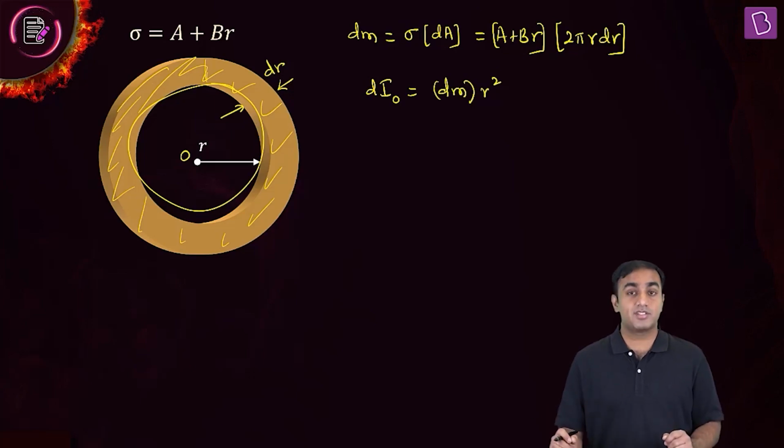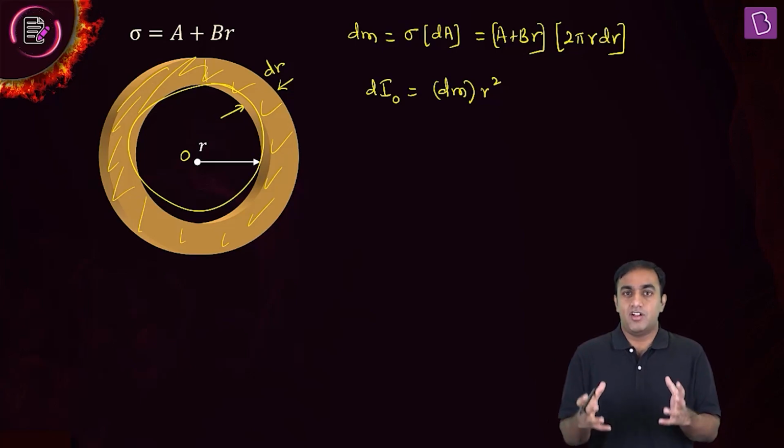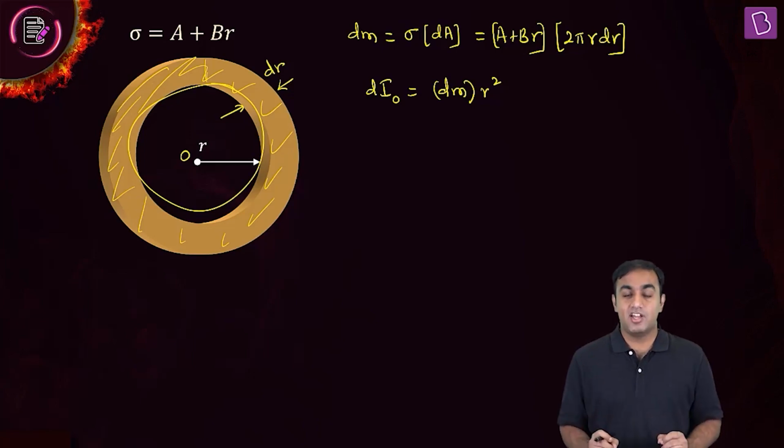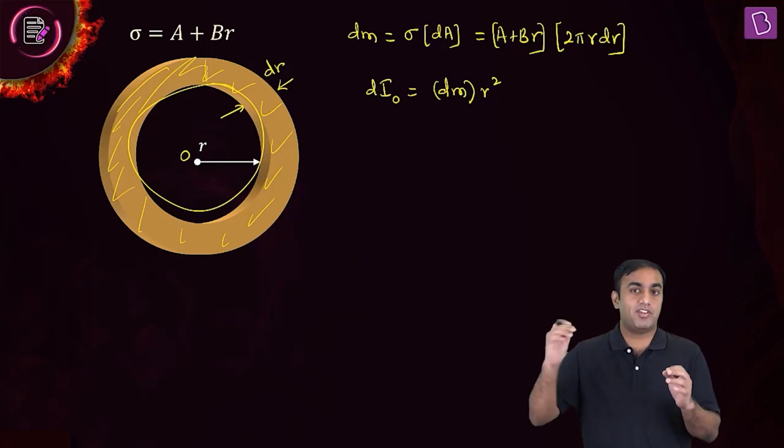What do we need to do next? We have got an expression for moment of inertia of the ring, which is the differential element. To get the moment of inertia of the entire thin disk, we are going to place, like I said earlier, infinite number of thin rings like this with varying radius all the way from center till periphery.